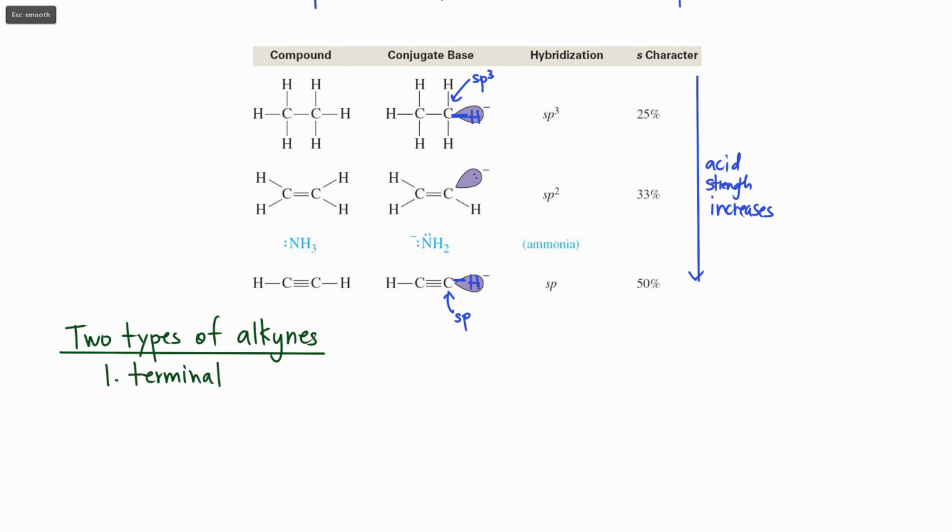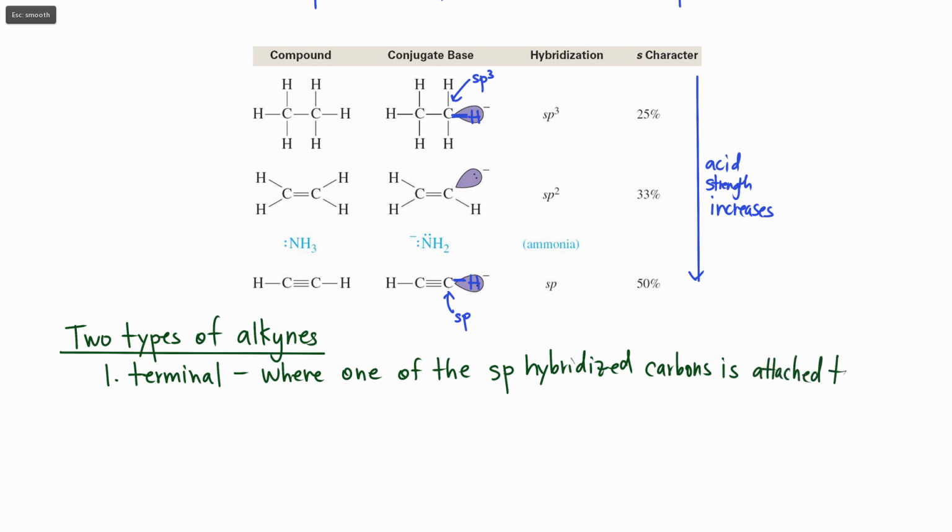Now a terminal alkyne is where one of the sp hybridized carbons is attached to a hydrogen, and we can think about that as the endpoint.